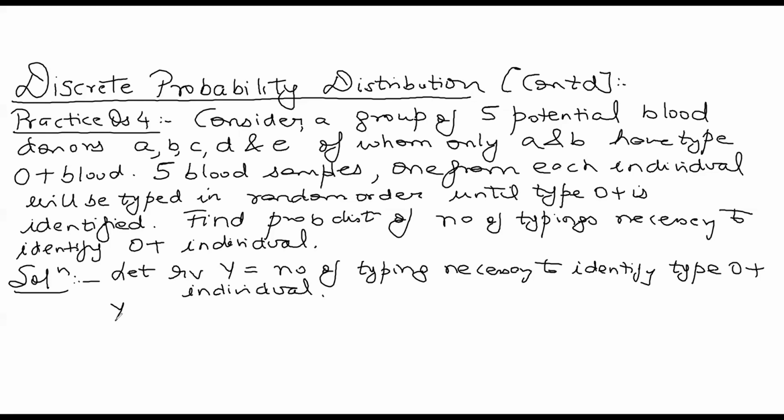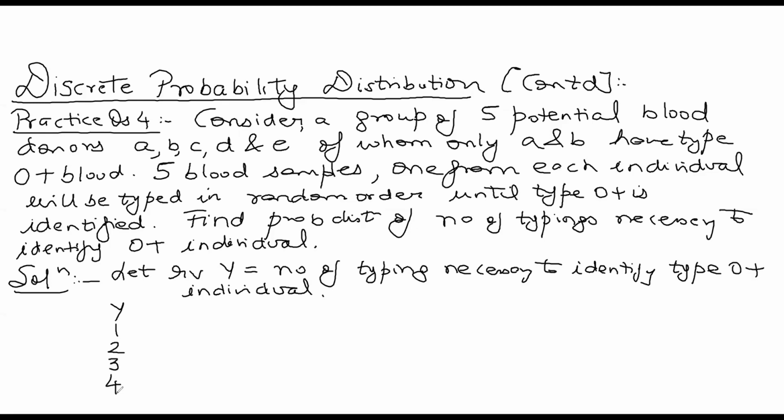Okay, I can type the first individual and that can be type O plus. I'll be the lucky one in that case, or I'll have to type 2 individuals to get the type O plus, or I'll have to type 3, or I'll have to type 4.